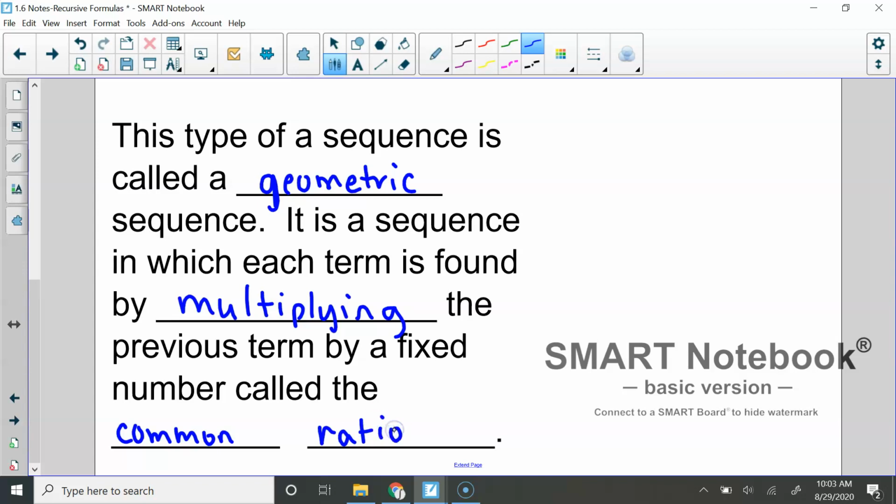And this is something you sometimes see on the ACT. I don't know if you guys will even take it this year with all of this going on, but sometimes they'll ask if a sequence is geometric, or we'll look at the other types soon. If you can find the next number in the sequence by multiplying, then it is a geometric sequence that you're dealing with, which means it's going to look exponential if you graph it.